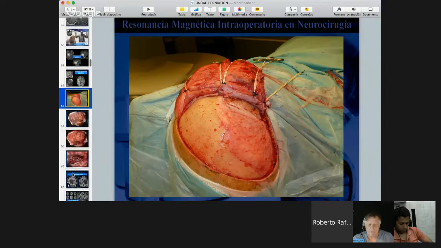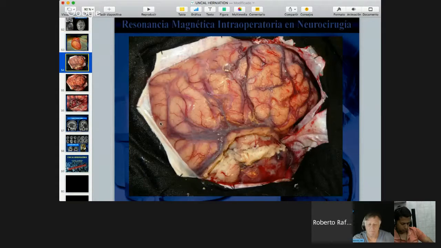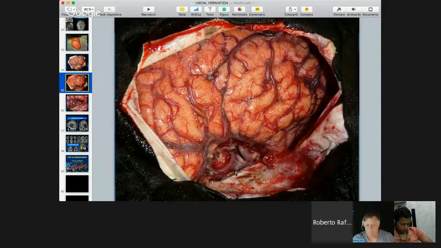It is very important to remove the tumor and decompress the brain stem. This is the craniotomy we made. This is the temporal lobe. We resect the temporal lobe with the tumor, and it is very important to release the compression on the brain stem.